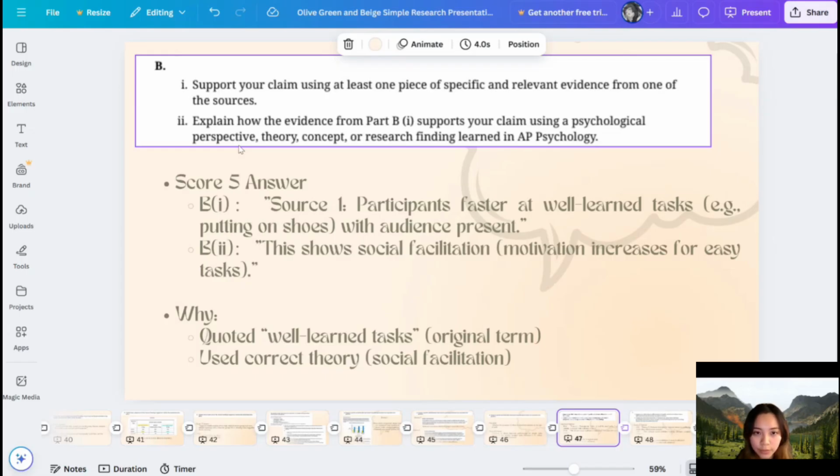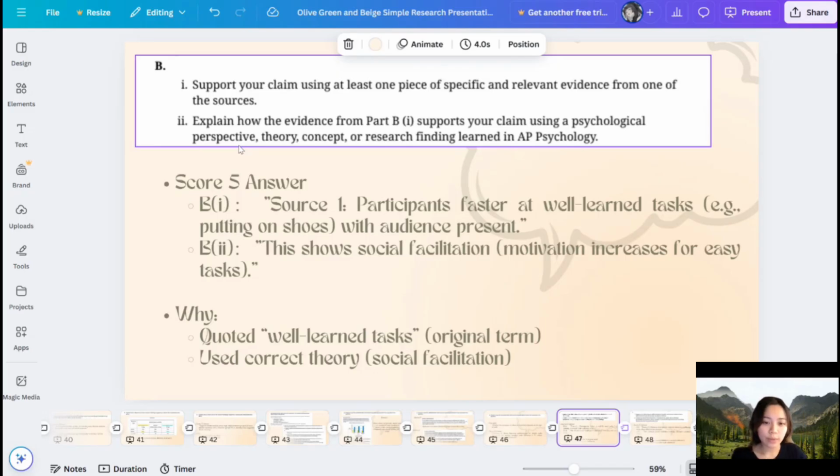And I need to find a theory or concept, right? So in part 2, I said this shows social facilitation, which is motivation increase for easier tasks. Really easy. And why is this a good answer? First of all, I quoted well-learned task, which is the original term already stated in the question.